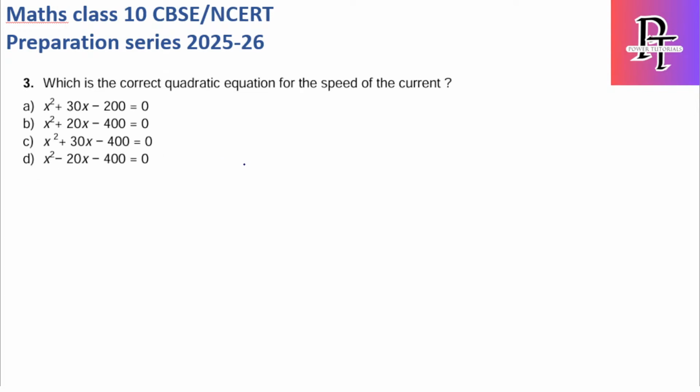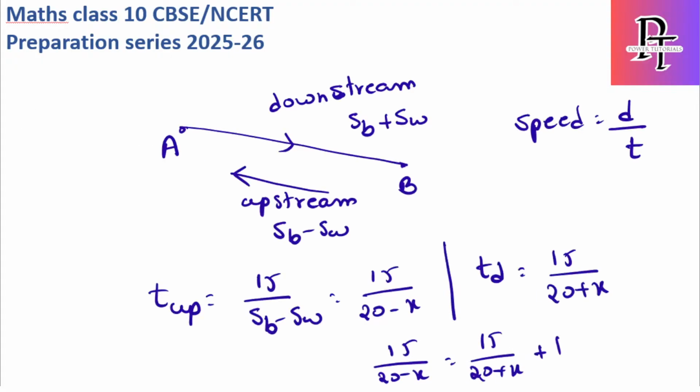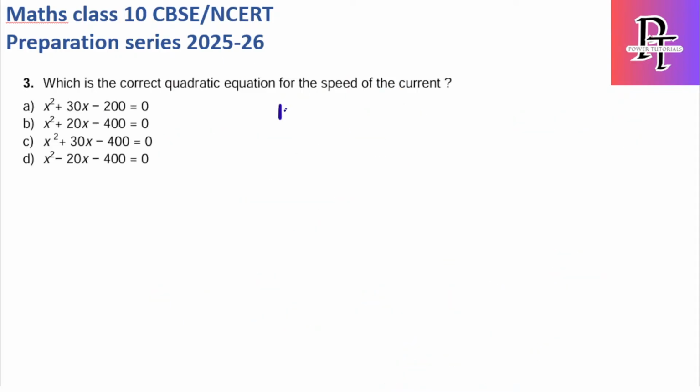Now here they are asking for the equation. Let's solve this condition and get the equation. 15 by 20 minus x is equal to 15 by 20 plus x plus 1.